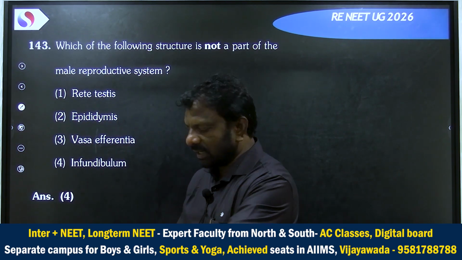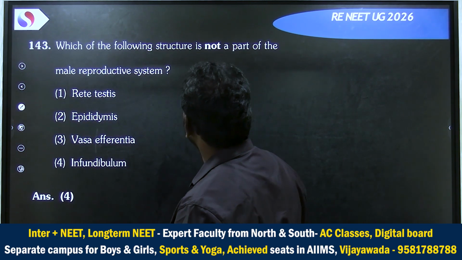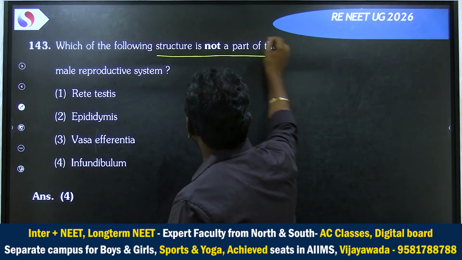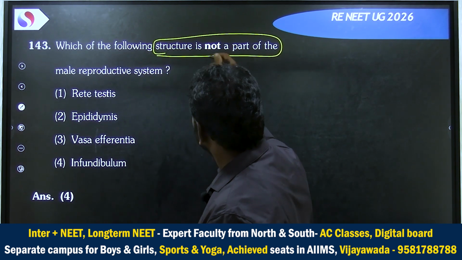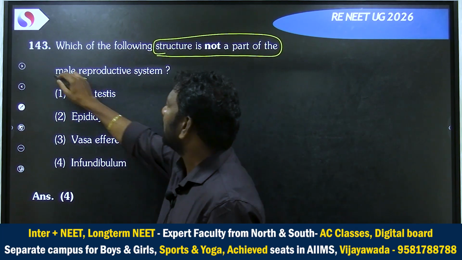Question 143: Which of the following structures is not a part of the male reproductive system?